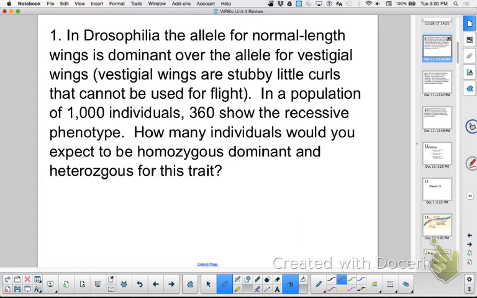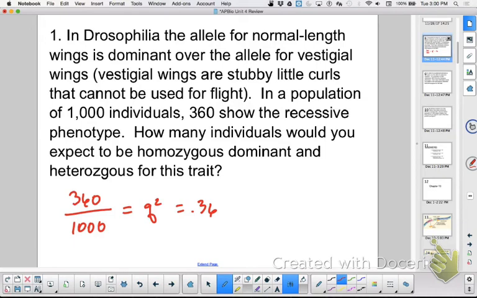Yes, and to get q squared, that would be 360 over what? 1,000 individuals equals your q squared, right? So what percent is that? 36%. So it equals 0.36, right? And that is your q squared.